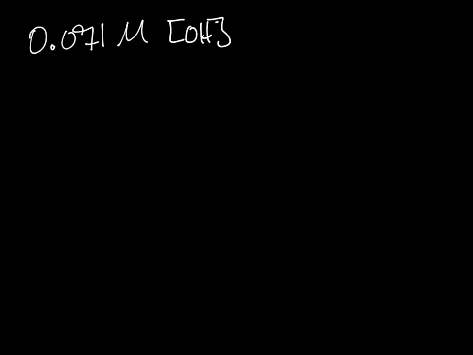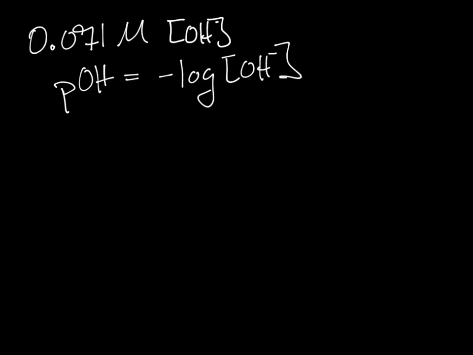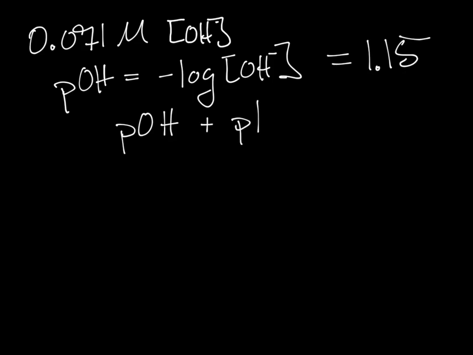If we would like, we could get the pOH from that, right? Remember, pOH equals negative log of the OH concentration, which gives us a pOH of 1.15, and pOH plus pH equals 14.